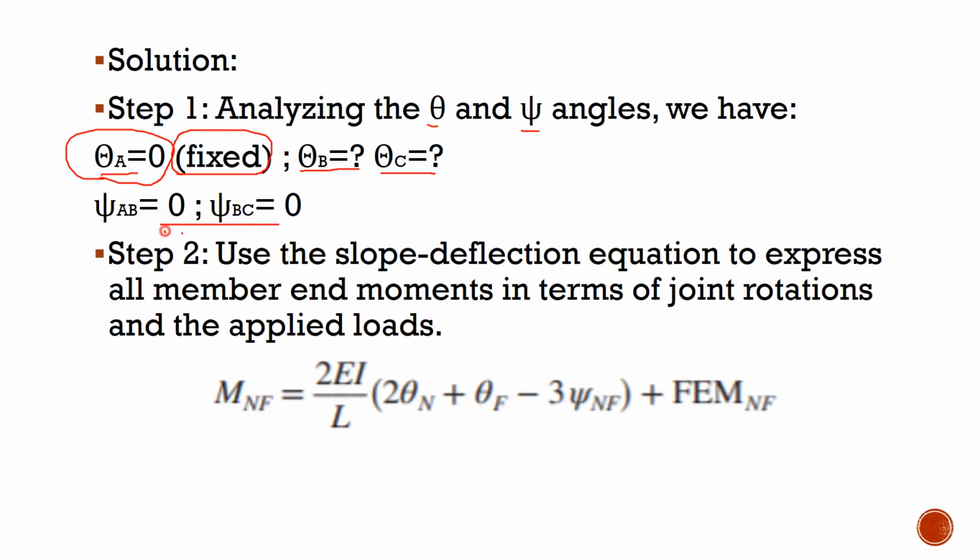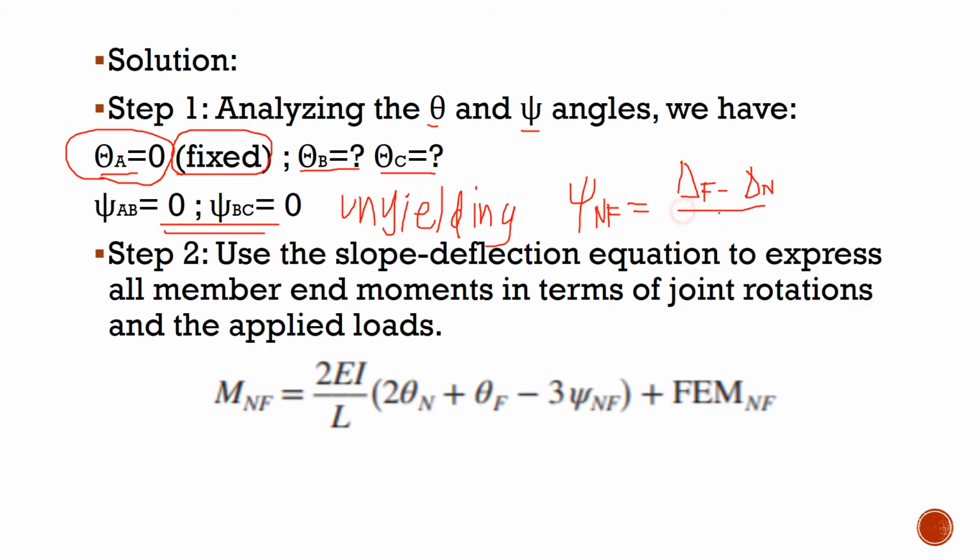So, ngano gani? Because as stated ganina, supports are unyielding. Okay? Di ba? Gikan po na siya sa formula na psi NF is equal to delta F minus delta N over L. And since unyielding, so 0 settlement.